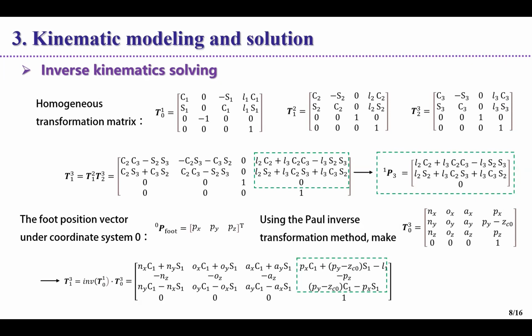Since the z-axes of coordinate systems 1, 2, 3 are parallel to each other, it is determined by the Pieper criterion that the inverse kinematics has an analytical solution, and the expression of each joint angle is obtained by using the homogeneous transformation matrix and the inverse transformation method.